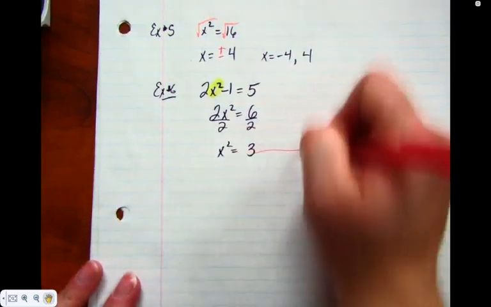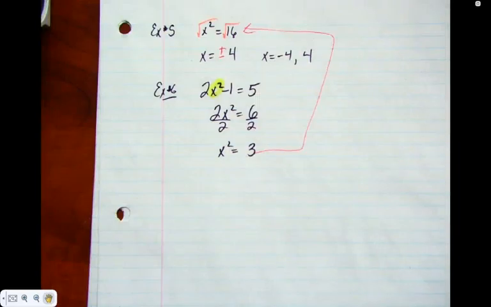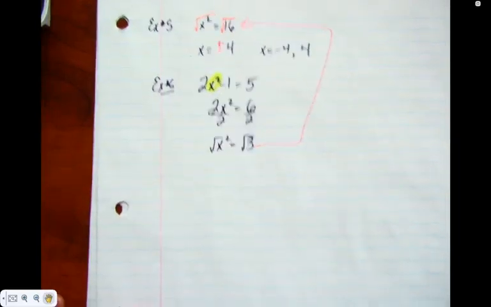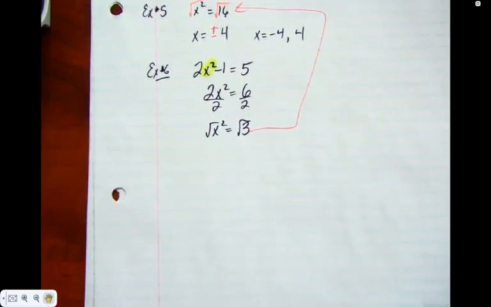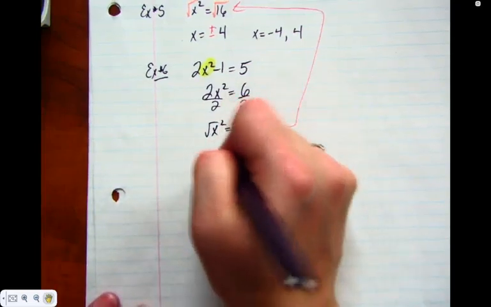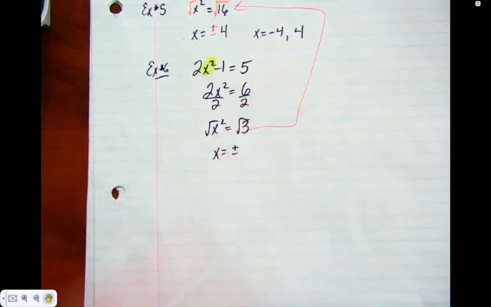And now we're right back up where we were at the beginning of this one. So now we're going to square root each side. What happens when I square root an x squared? Cancels, just leaves me x. Plus or minus has to go in front.